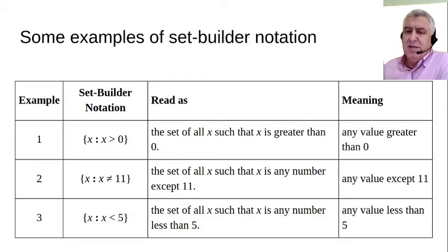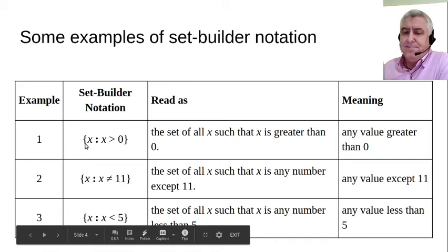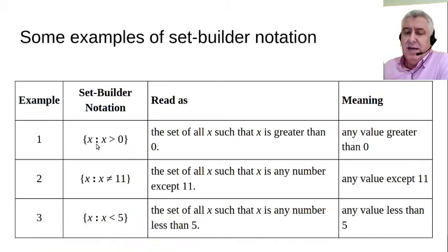So here are some examples. Here I have a set, and here I have an x, and we have "such that," and then x is greater than 0. This could be a pipe too, like a little line, but it's read "the set of all x such that x is greater than 0."